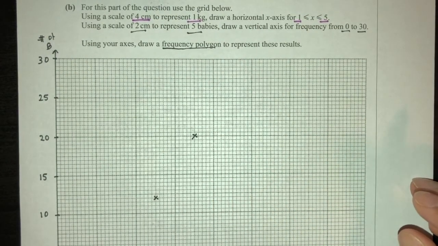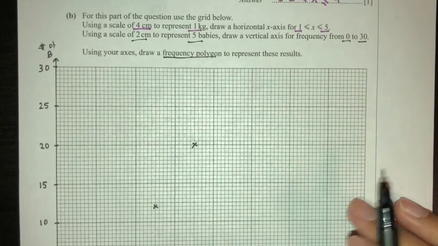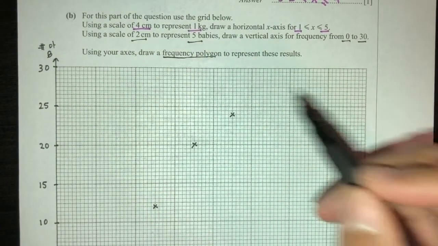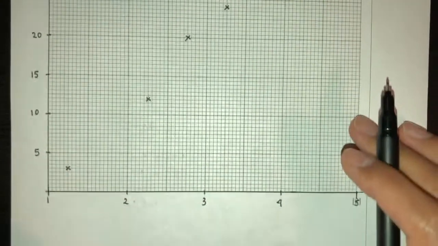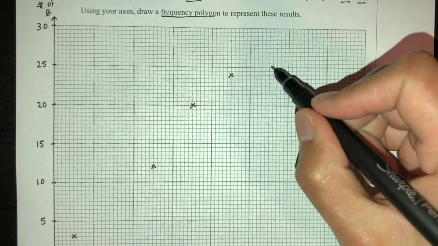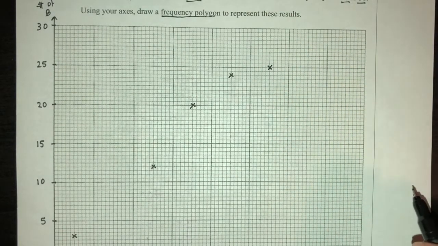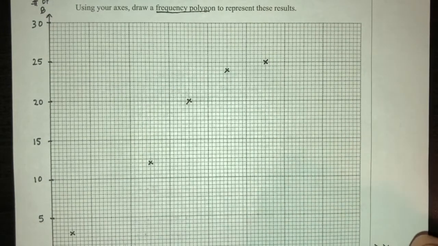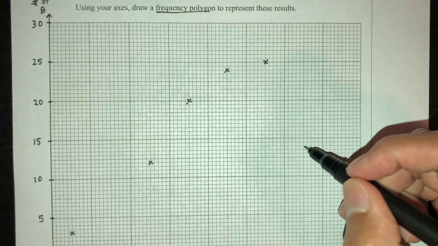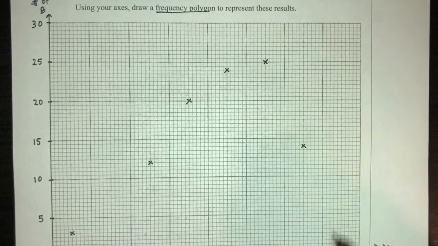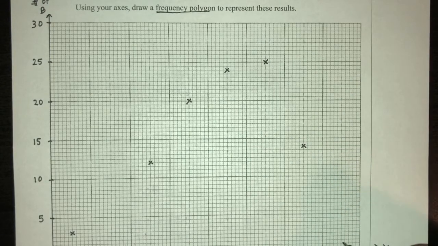Then we have 3.25 will be 24, right here. And then we have 3.75 will be 25. Then we have 4.25 will be 14. 14 will be just below 15. And finally we have 4.75, 2. 2 will be right here.